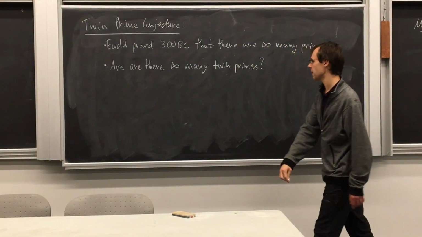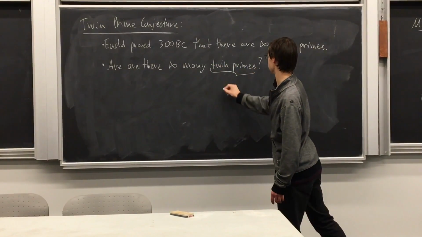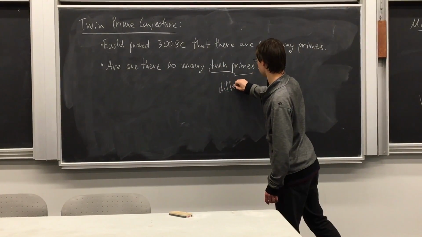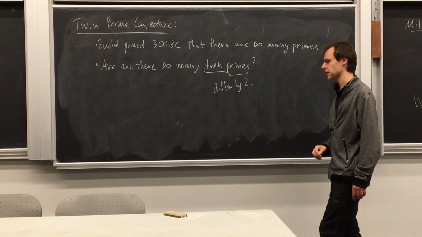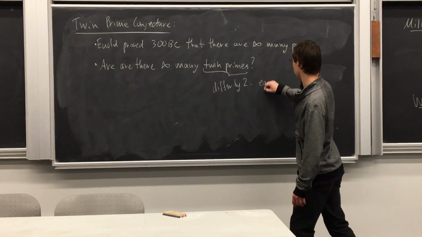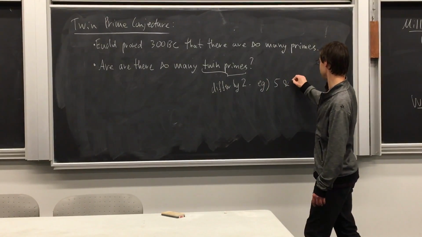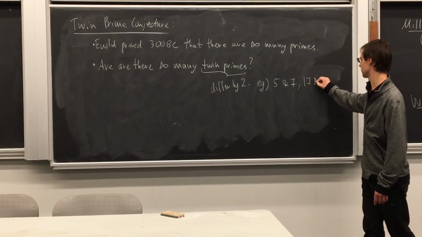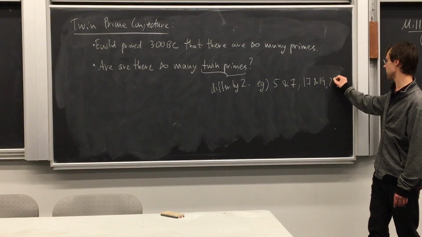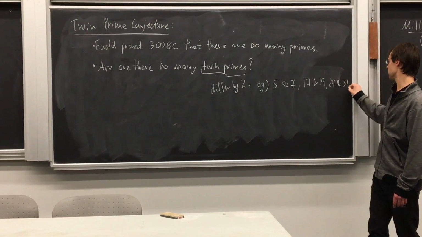And twin primes are primes that differ by 2. So here's an example of a twin prime pair: 5 and 7. Another example, 17 and 19. Another example, 29 and 31. And so on.